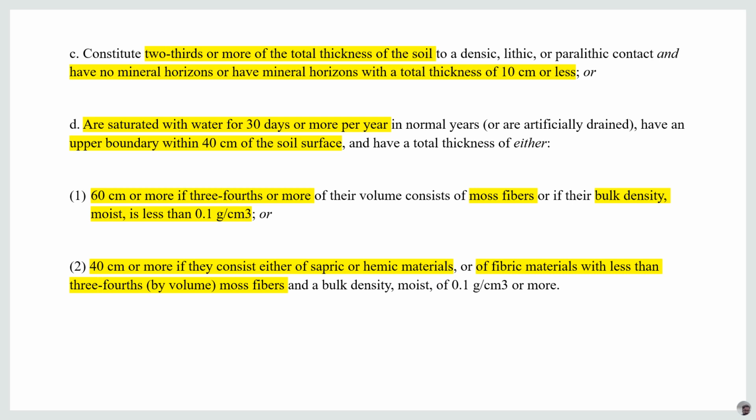These organic materials also should possess a thickness.